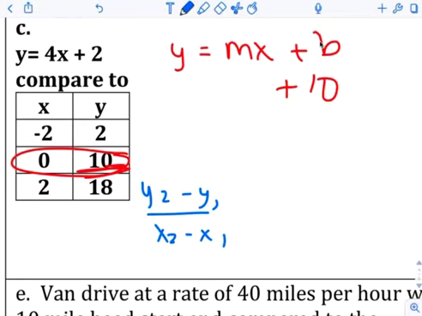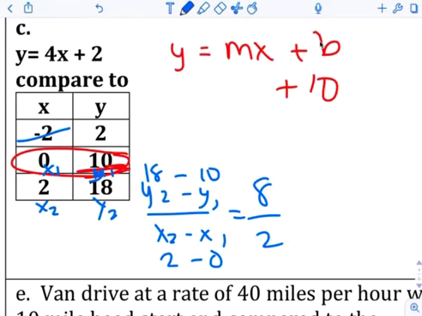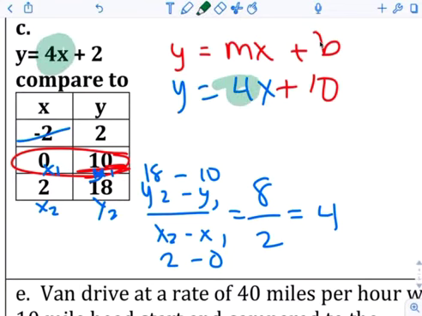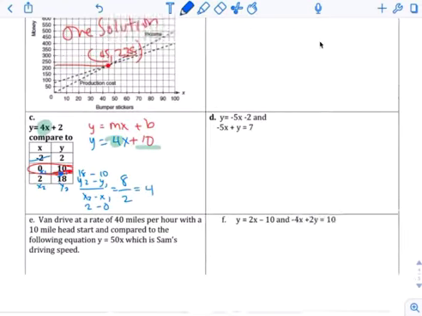I'm going to use all positive x2, y2. I'm going to ignore this because it's negative y1, x1. So 18 minus 10 over 2 minus 0. 8 over 2. Hey, I get 4. 4x. Hey, my slope is the same. And the y-intercept's different. That's no solution.